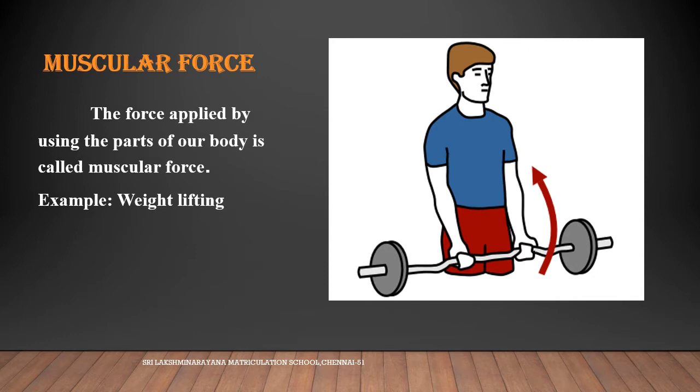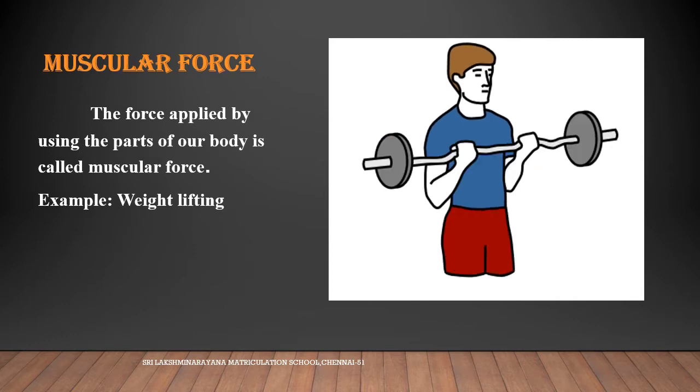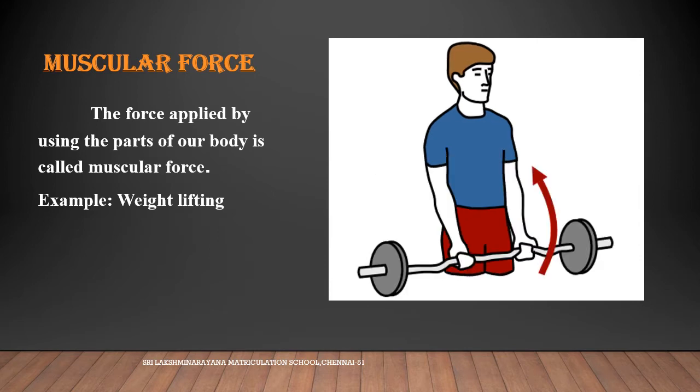The force applied by using the parts of our body is called muscular force. Example, weightlifting. In this picture, you can see a boy lifting a weight by using his muscular force.